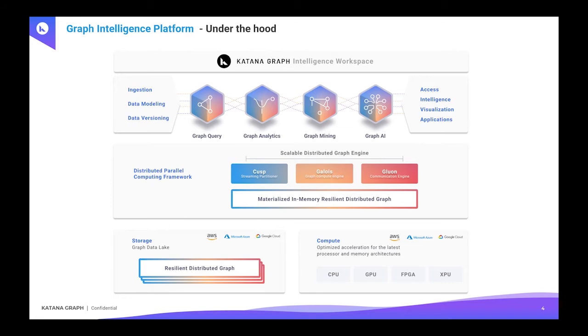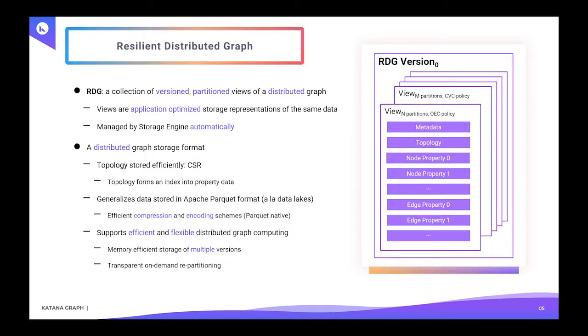The system has a bunch of ETL tools to convert raw data into RDGs and ingest RDGs from AWS, Azure, or GCP. Our compute engine can also leverage heterogeneous computing resources like GPUs. Based on this powerful engine, we implemented multiple graph libraries for graph querying, analytics, mining, AI, and machine learning. I'll briefly go over the components in the core engine.